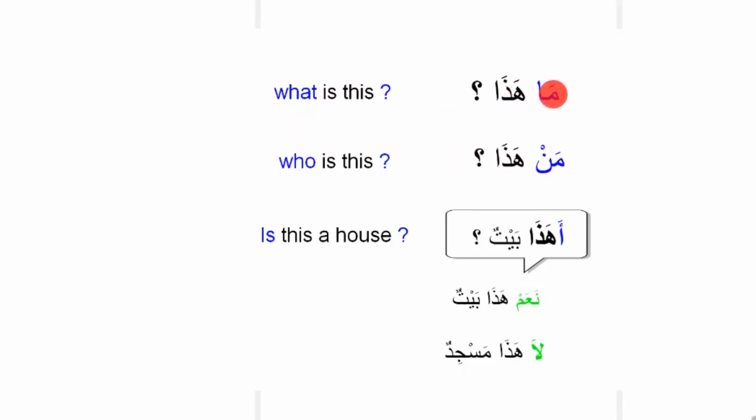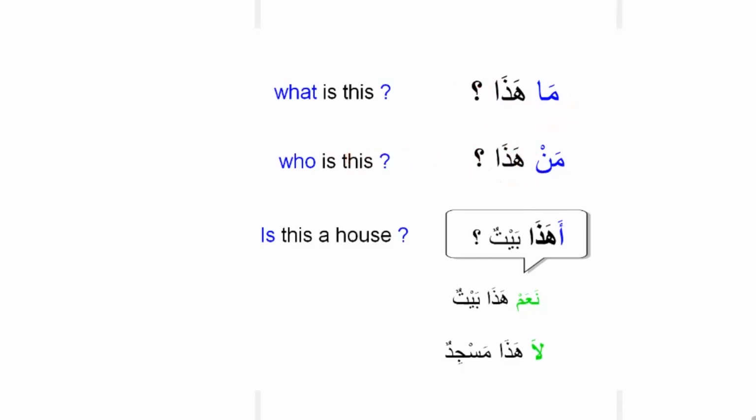So you can see this Maw-izah means "what is this?" And then man haza means "who is this?" So it is obvious that the first one, Maw-izah, is used for irrational things, things that don't have reason. I mean, non-living things. Maw-izah, what is this? But man-izah means "who is this?"